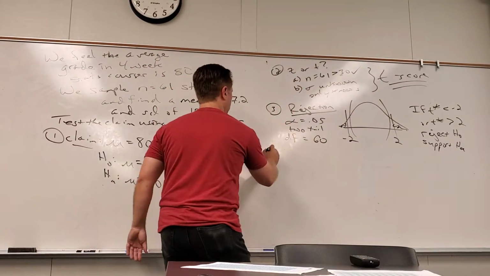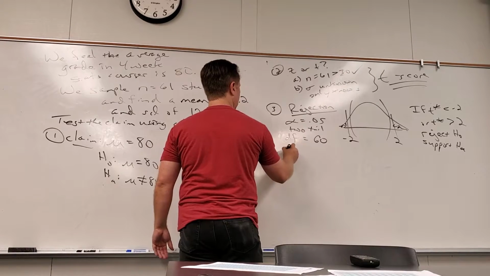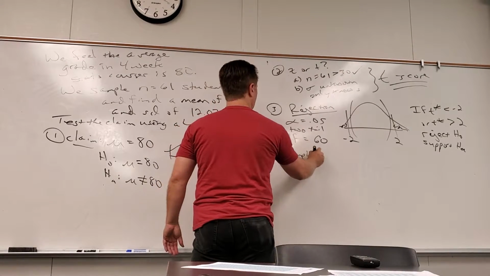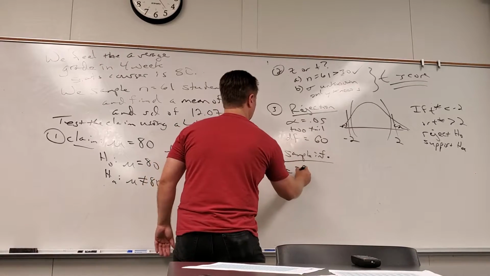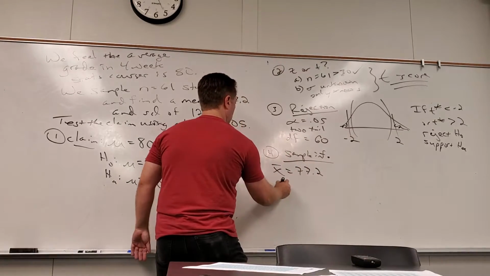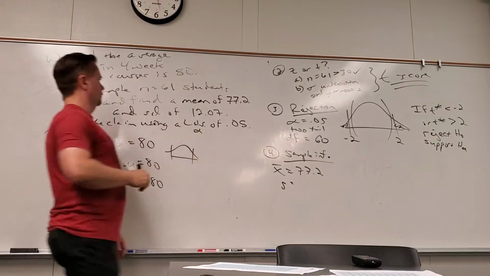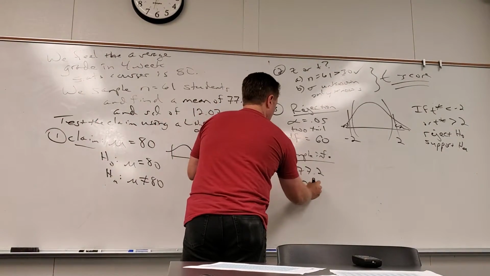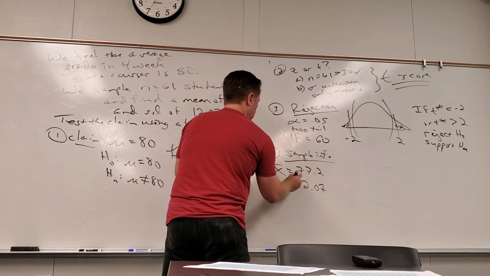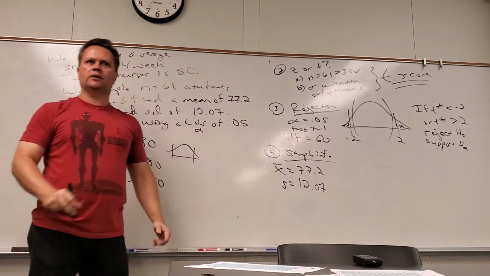So what do I know about my sample? The mean is 0.2. What's the standard deviation? 12.07. And here's the part where people still are confused about this.